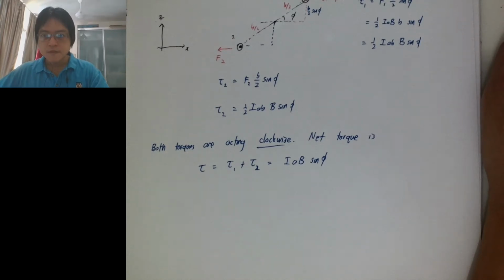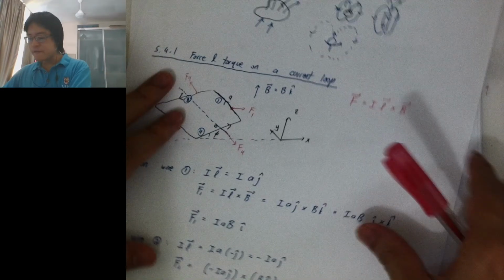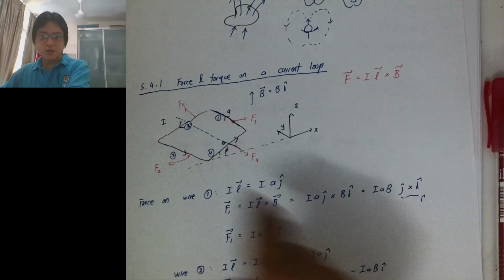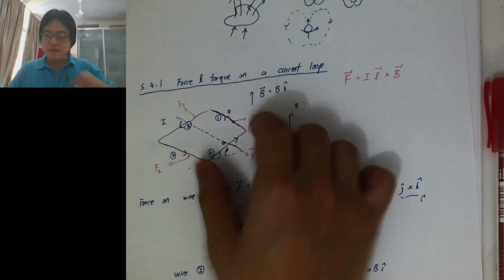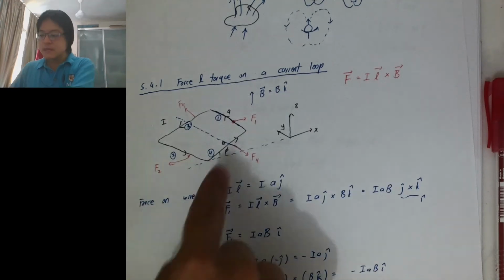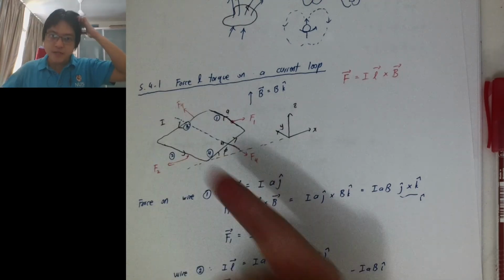What's going on? Oh, part 3. Oh, you mean the wire 3 and wire 4? Because the wire 3 and wire 4, they do not make the thing rotate, right? So if this is a rigid wire, they have two opposing forces, but these two will not cause it to rotate, right? Because my pivot is over here.